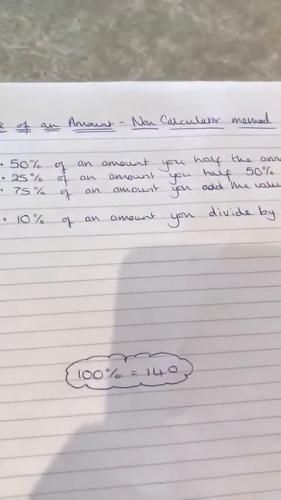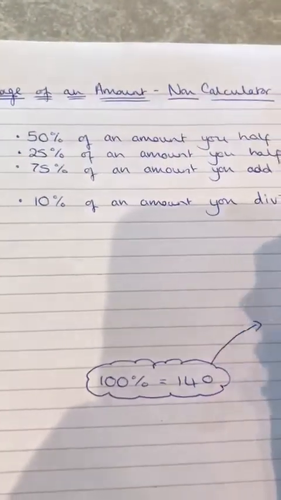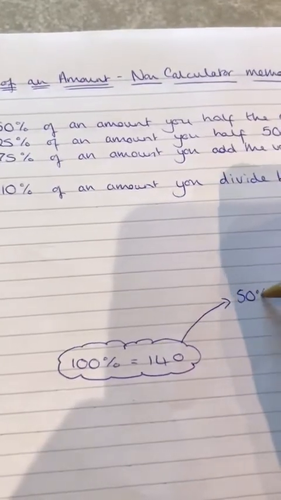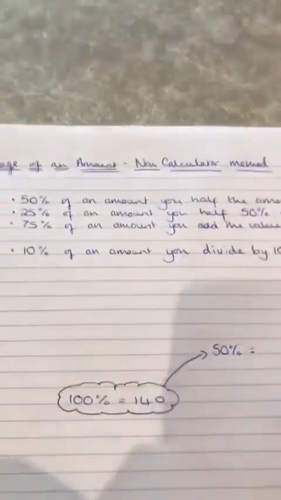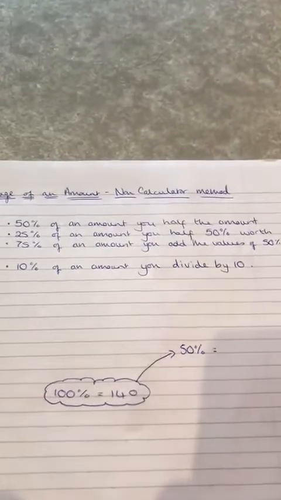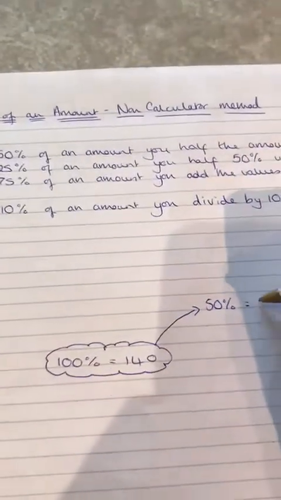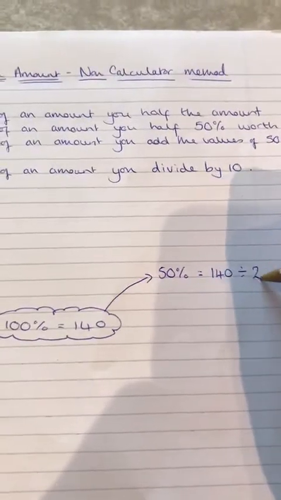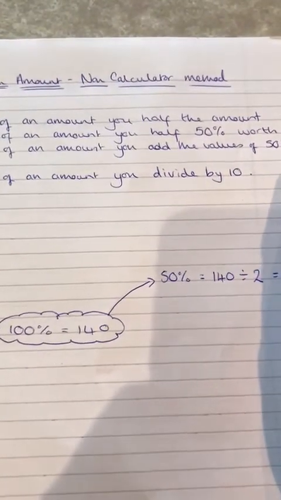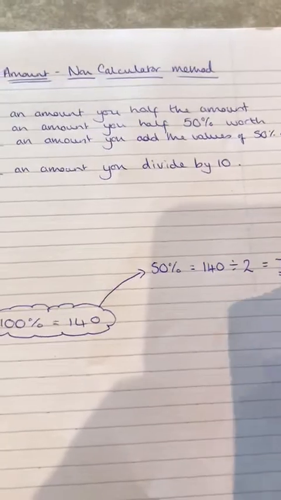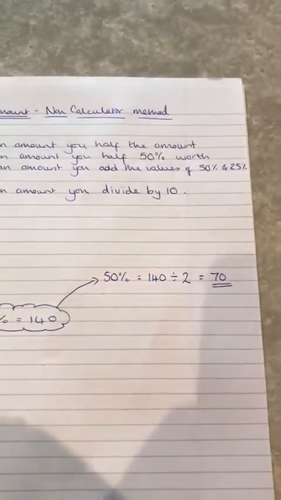So if I start on this side and I needed to find 50% of this, as the rule states up here, you just half your amount. So do 140 divided by 2, which gives me 70. Just going to underline that as a key amount.